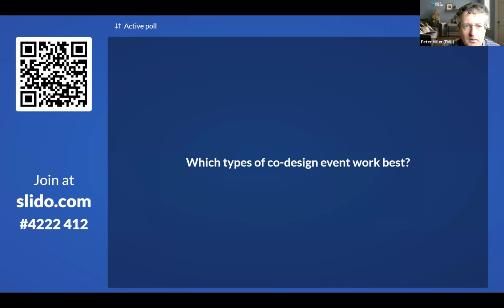So this question is for anyone, whether you've already been to co-design or stakeholder discussion events, or for those that haven't and you still have a view on what might work best for you. So here are some choices as to what kind of setup do you think works best for a co-design event?